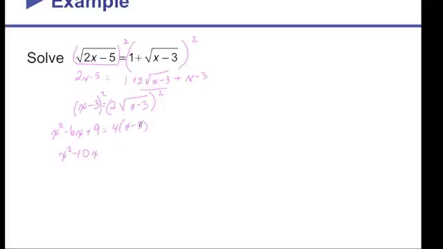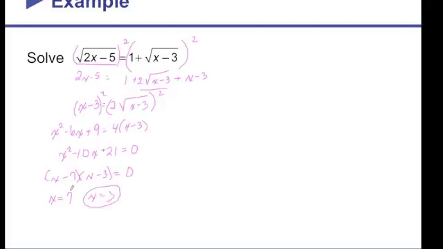This will become minus 12, move it, plus 21 equals 0. That factors into x minus 7 times x minus 3 equals 0. Negative 7 and negative 3 add to negative 10 and multiply to 21. So x equals 7 and x equals 3.